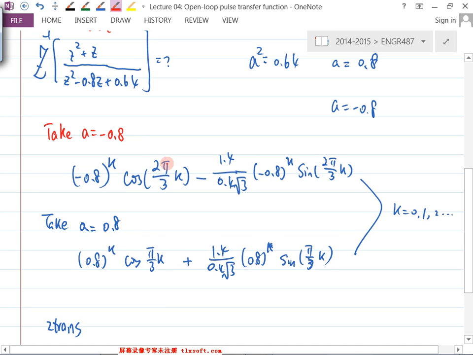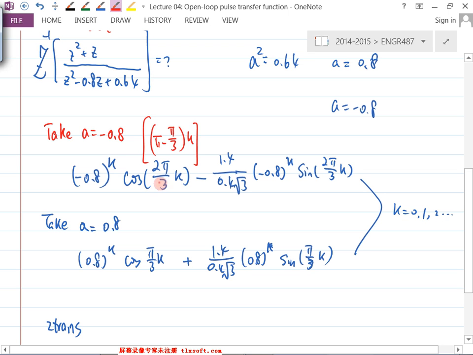So 2k over 3, what is that equal to? It's pi minus 1/3 of pi.